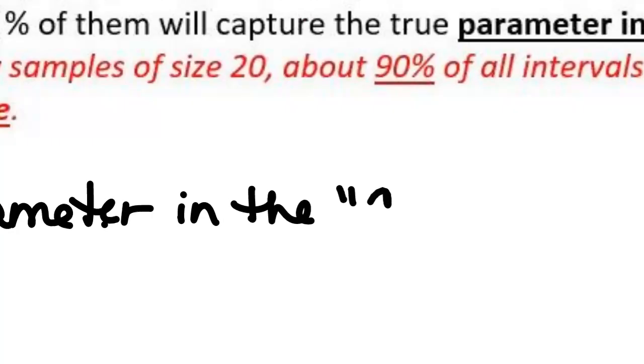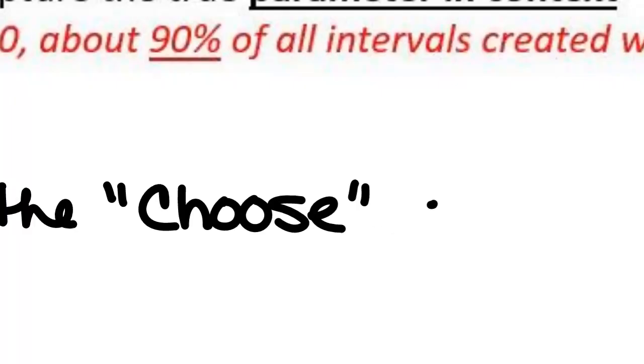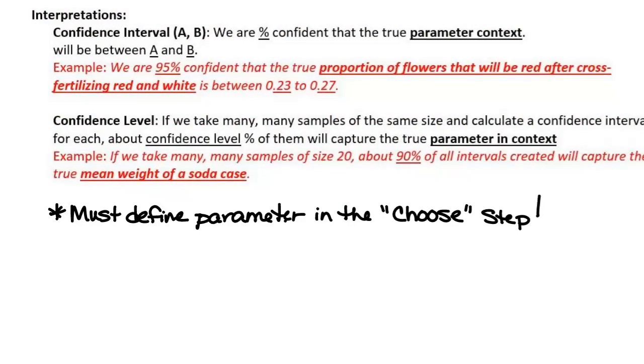In the choose step, remember, don't just write down "parameter" in words; you have to state what the actual parameter is. Is the parameter p, because we're talking about proportions? Is the parameter mu, because we're talking about means?